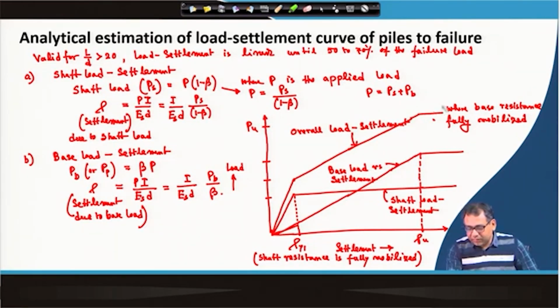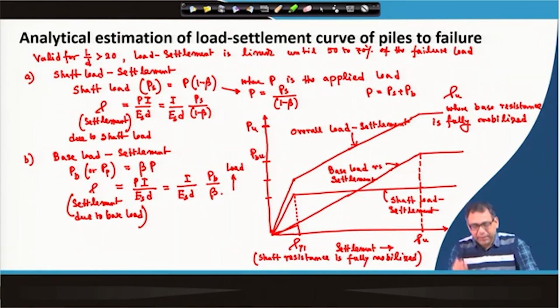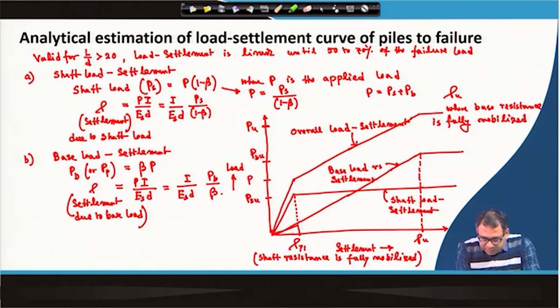Okay. So, I can write that rho u is where the base resistance is fully mobilized. This is equal to P u, and this one is P b u, that means the ultimate base resistance, this one P s u, the ultimate shaft resistance, and this one P y 1.